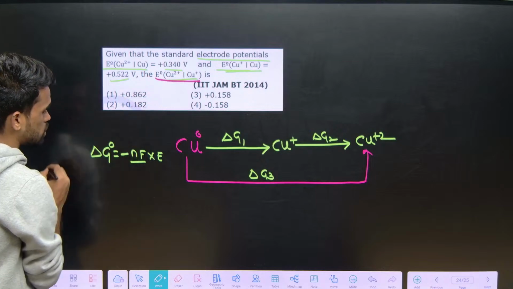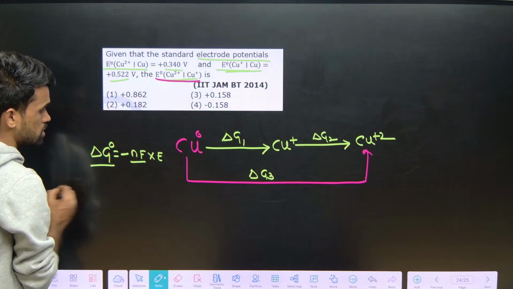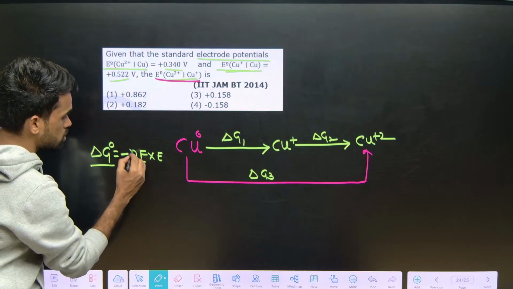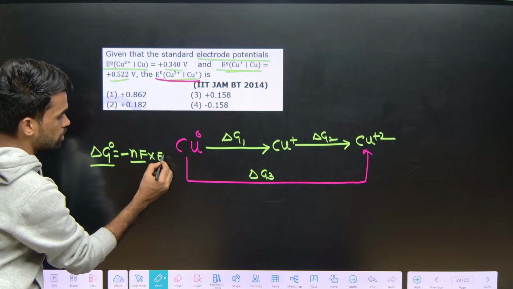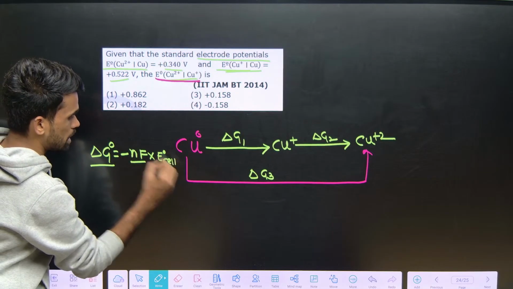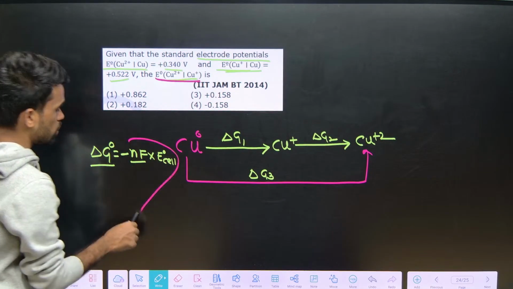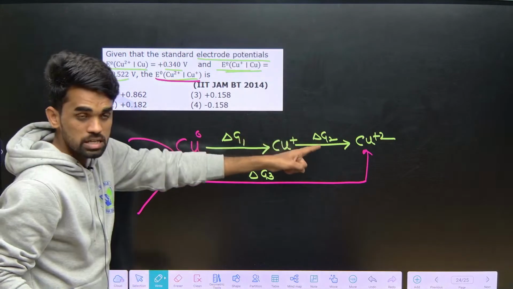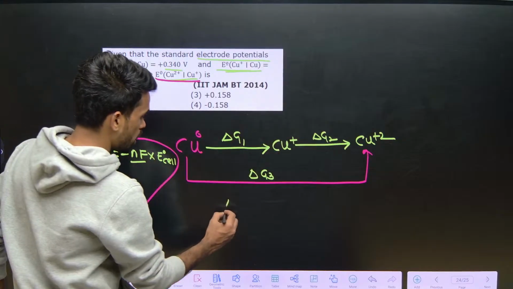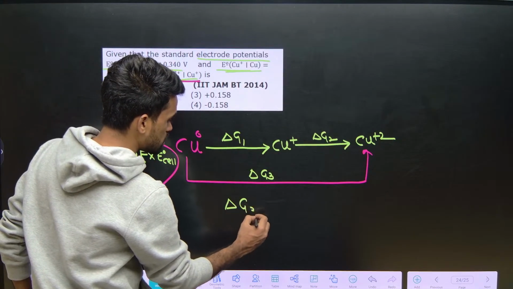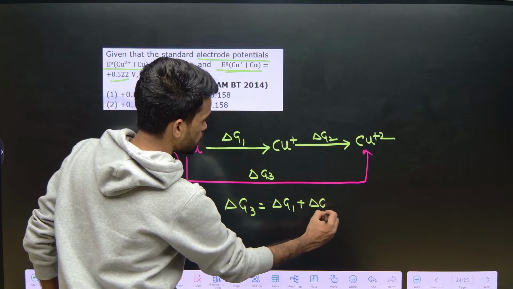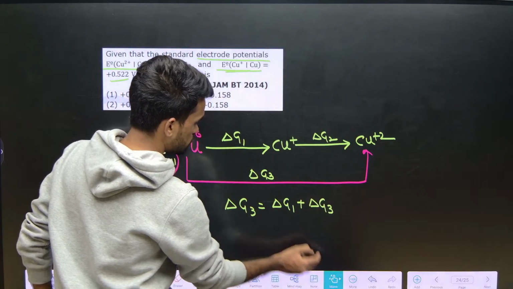Here F indicates Faraday and n indicates the number of electrons. So nFE0 cell you need to take like this. Using this equation, wherever I have delta G1, I can substitute, similarly in delta G2 and delta G3. So I can simply write delta G3 equals delta G1 plus delta G2.